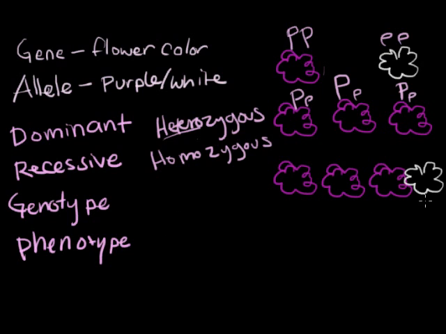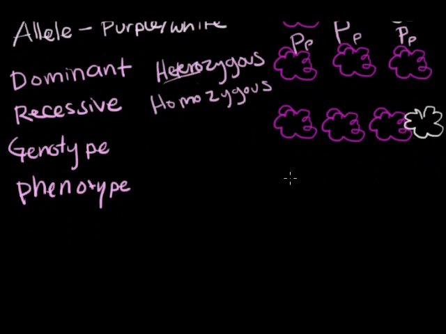So what's going on with this 3-to-1 ratio then? Why are we getting this 3-to-1 ratio when you self this purple flower that's heterozygous? I know a lot of you have probably done Punnett squares in the past, but just to refresh you, if we cross these two flowers, each pea plant is going to pass on one of these alleles, but which one actually is passed on is random.